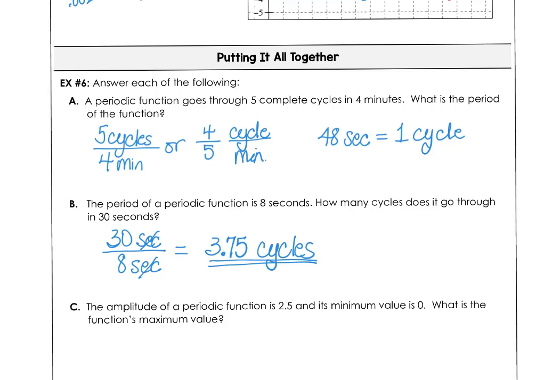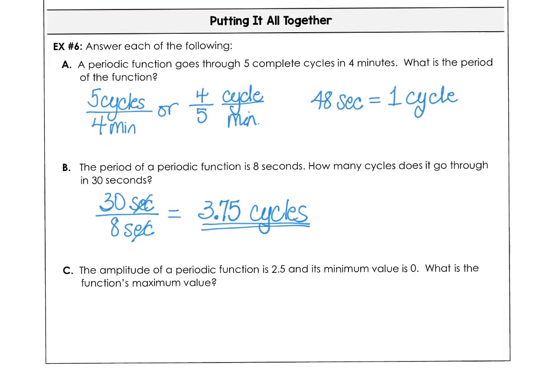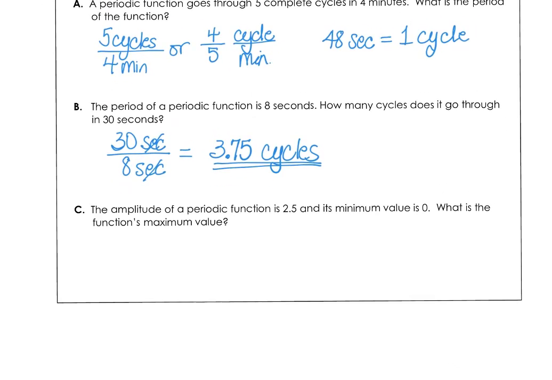In part C, the amplitude of a periodic function is 2.5, and its minimum value is 0. What's the function's maximum value? Well, let's see, that's pretty easy.